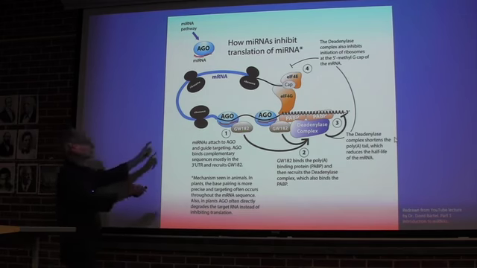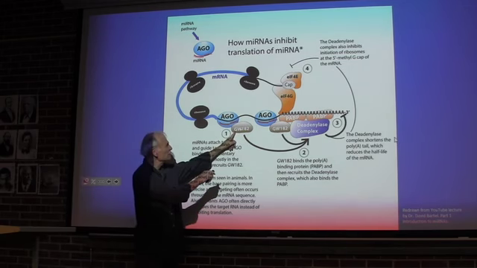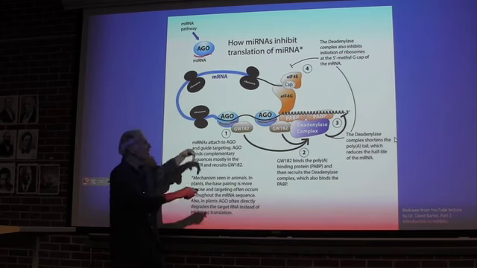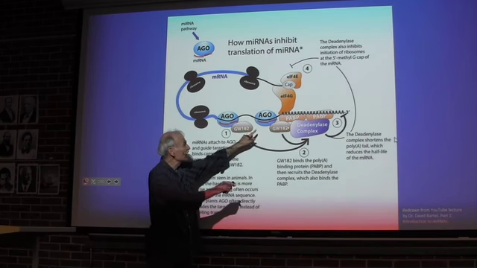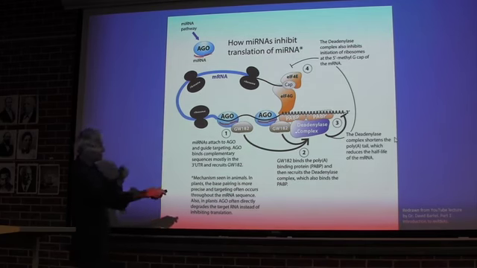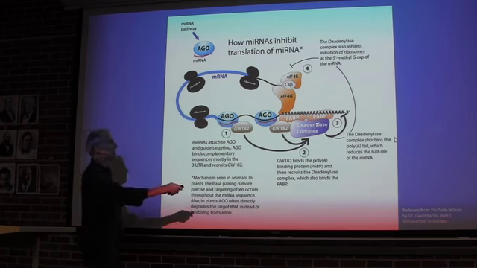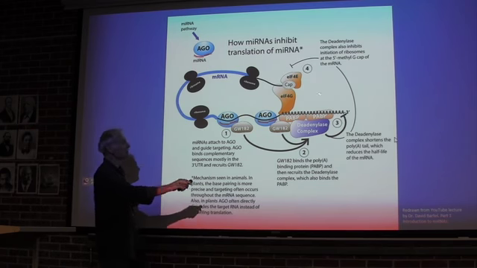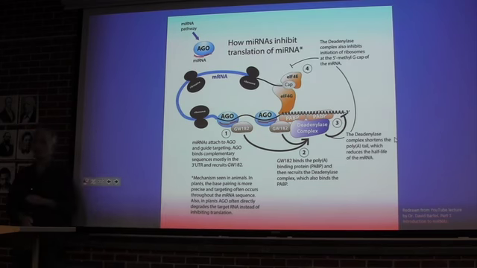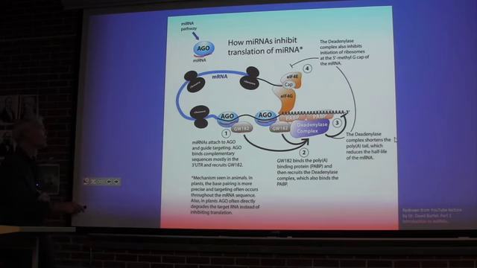Argo doesn't cut, but it attracts a protein called GW182. GW182 attracts the deadenylase complex. When it recruits the poly A deadenylase, it starts destroying the tail, which reduces the half-life of the messenger RNA.